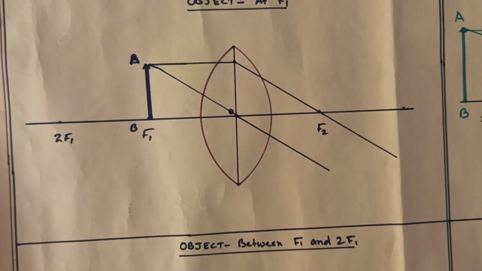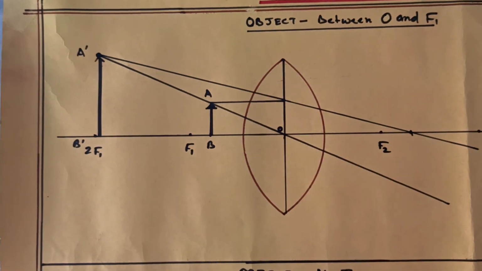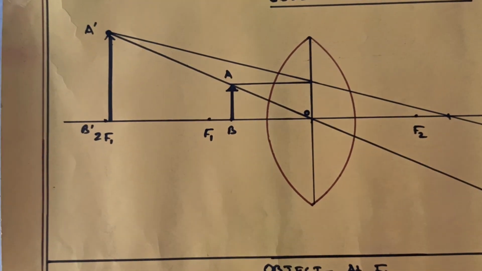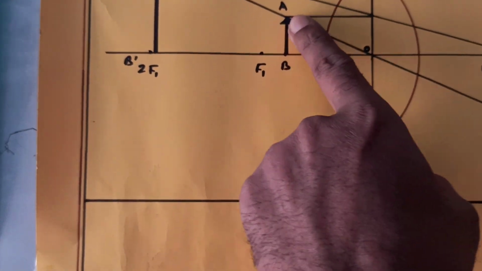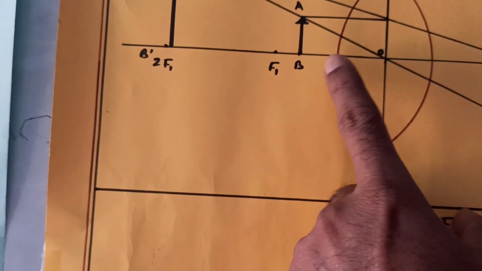Now we'll move to the last point where the object is placed between F1 and optical center. You can see this is the object, between optical center and F1.